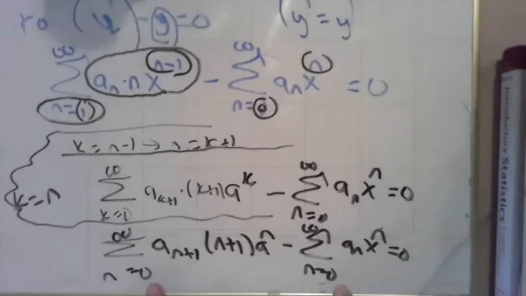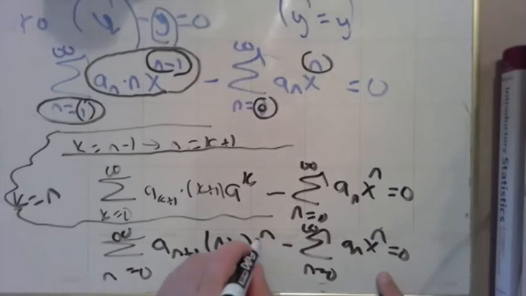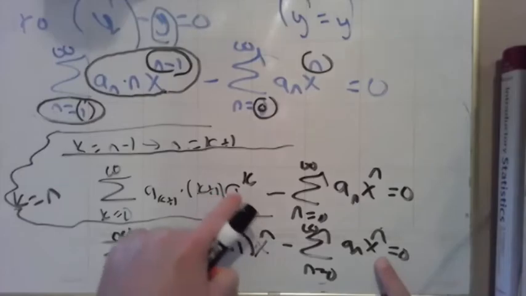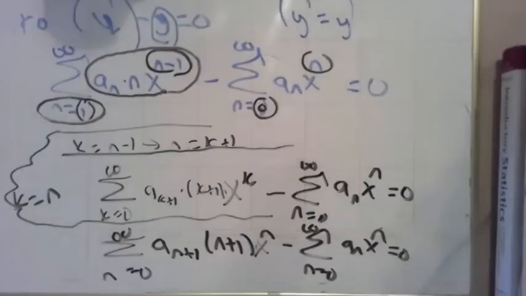Now my starting points are the same. I started n equals 0 on both, and my powers, this is an x, my powers are the same. That's the important part. So I need the space here.